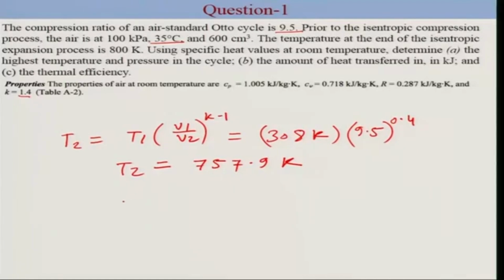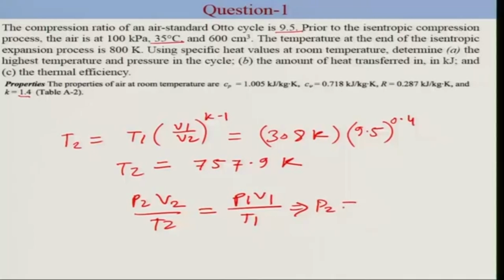Now here we assume air as an ideal gas. So from the ideal gas equation of state, P2 V2 upon T2 will be equal to P1 V1 upon T1. So from here we get P2 equal to V1 by V2 times T2 upon T1 times P1.